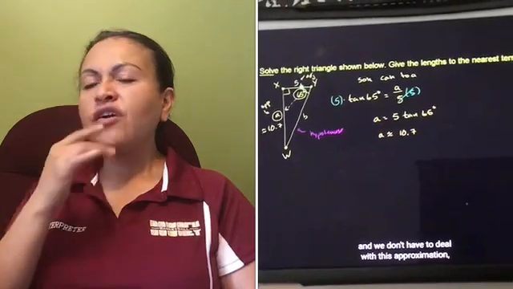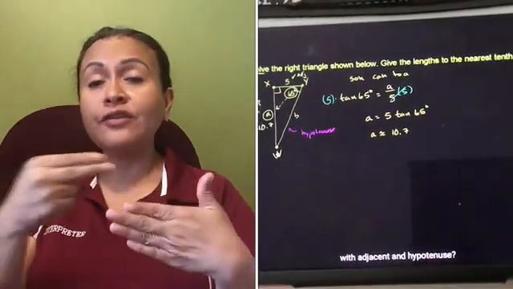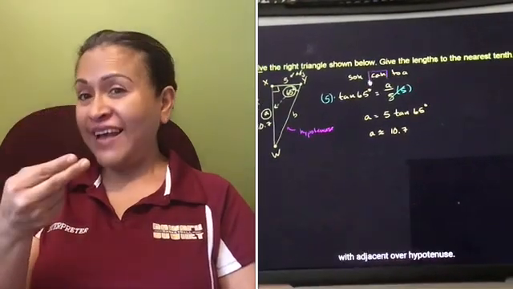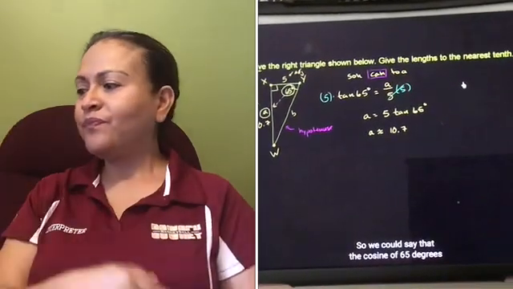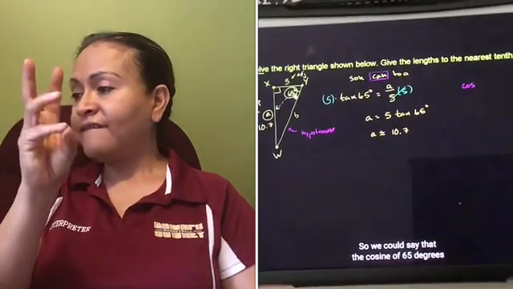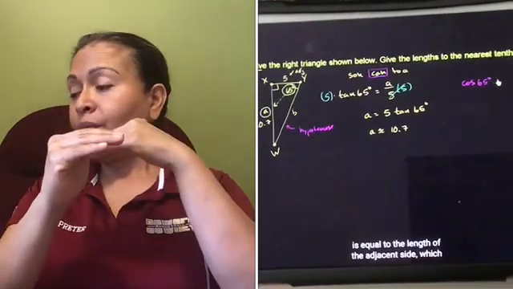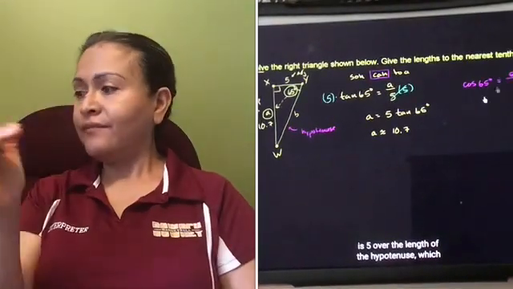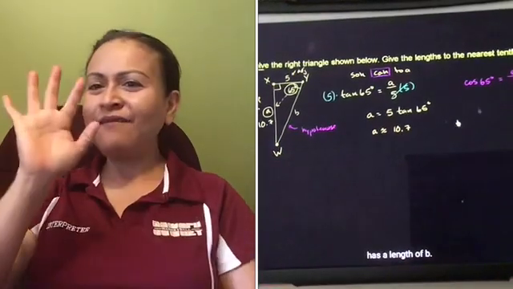So what trigonometric ratio deals with adjacent and hypotenuse? From SOHCAHTOA, cosine deals with adjacent over hypotenuse. So we could say that the cosine of 65 degrees is equal to the length of the adjacent side, which is 5, over the length of the hypotenuse, which has length B. And then we can try to solve for B.